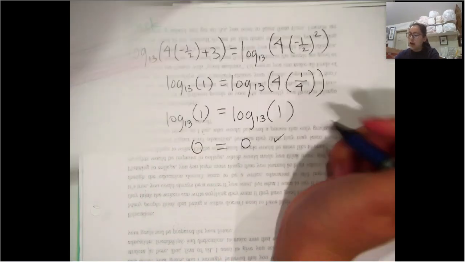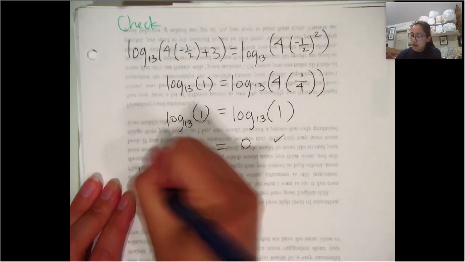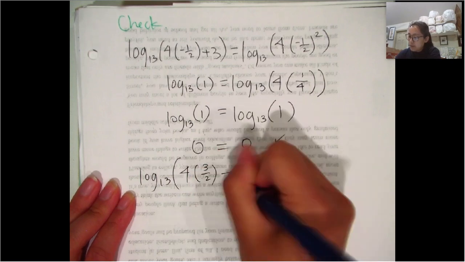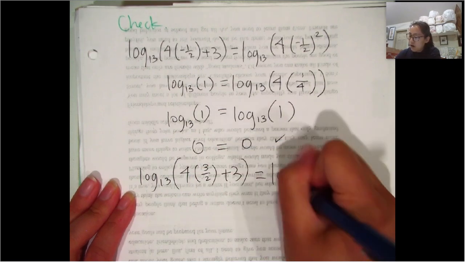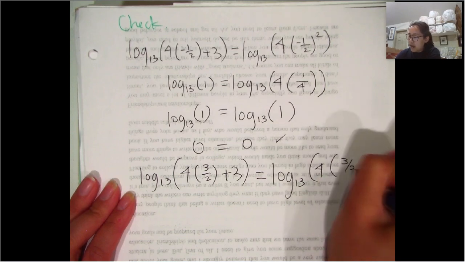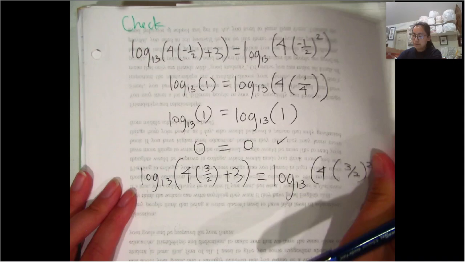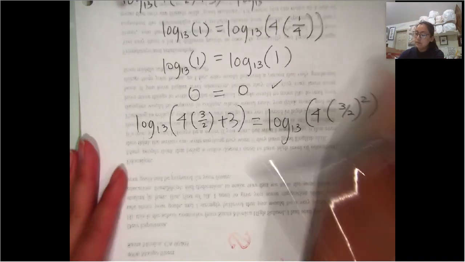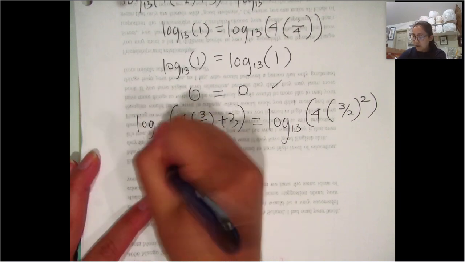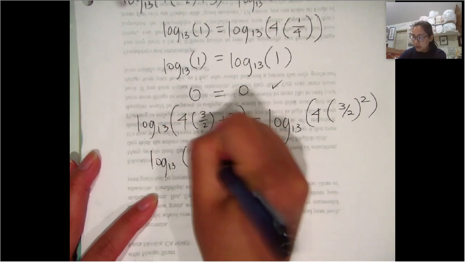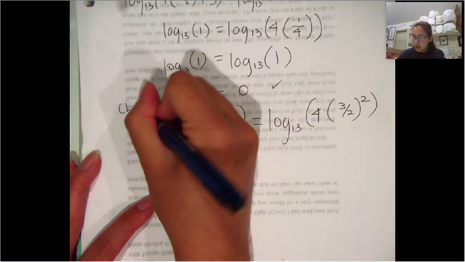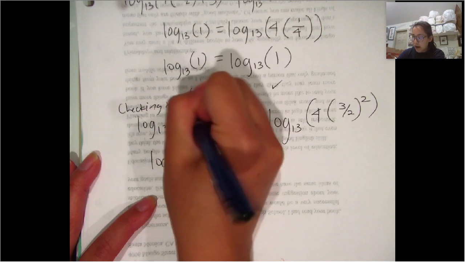Now let's check x equals 3/2. You have log base 13 of 4 times 3/2 plus 3, equals log base 13 of 4 times 3/2 all squared. If you do 3/2 of 4, that gets you 6, so you have log base 13 of 6 plus 3. Over here we're checking x equals 3/2.